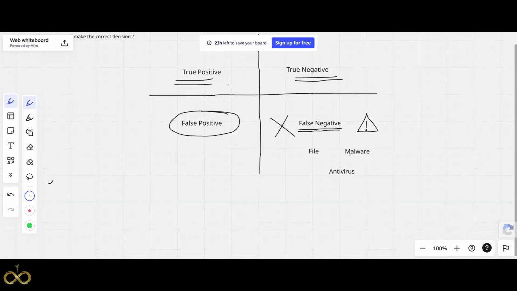Okay. Now tell me if you have any doubt, any confusion in understanding this. Anything that you want me to repeat in this.